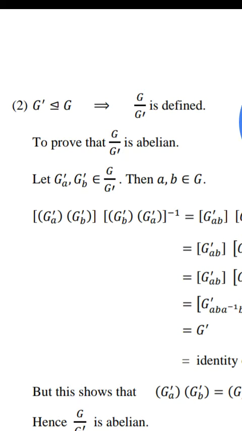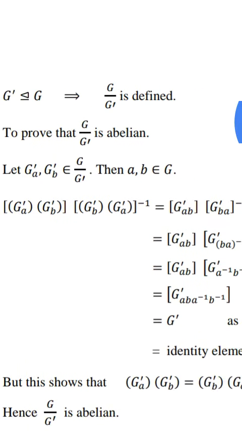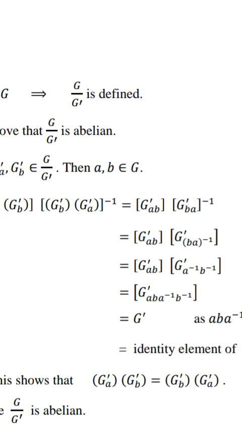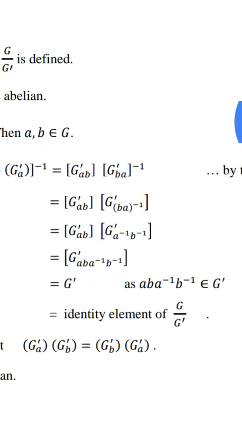Then G dash a, G dash b, (G dash b)(G dash a) inverse is equal to G dash ab, (G dash ba) inverse, which is equal to G dash ab, G dash a inverse b inverse, which is equal to G dash, as ab a inverse b inverse belongs to G dash.